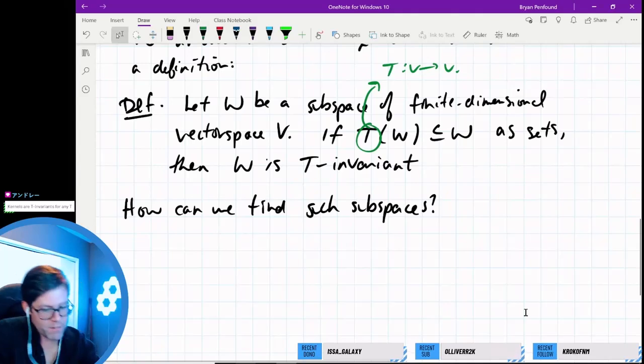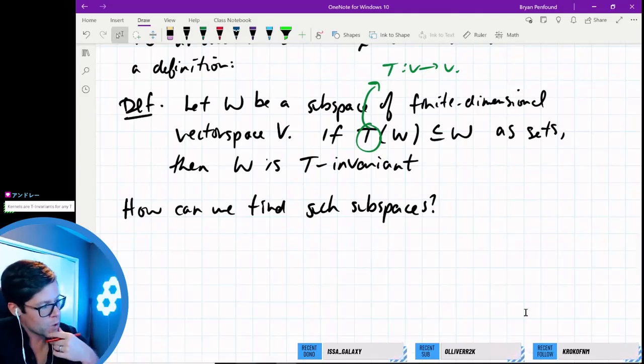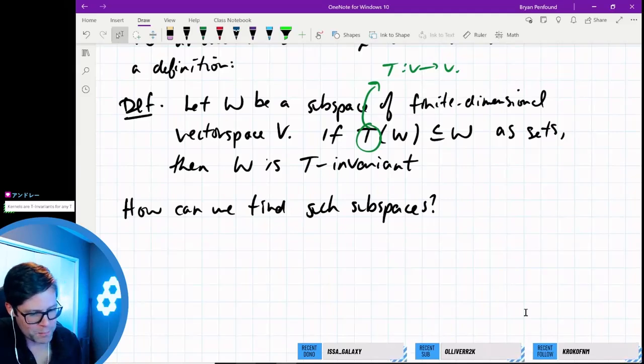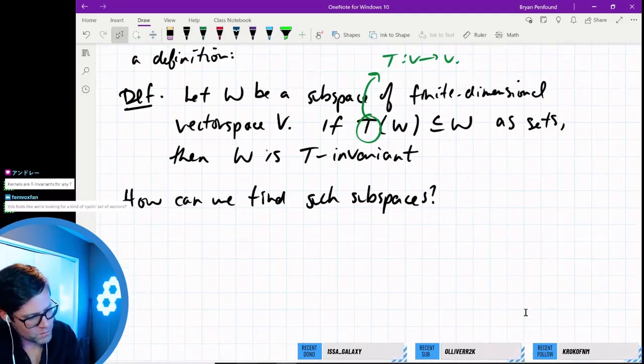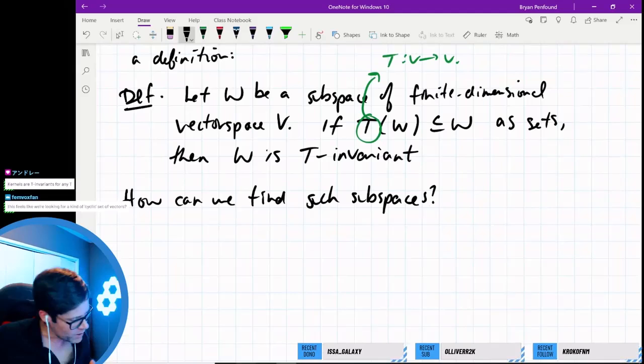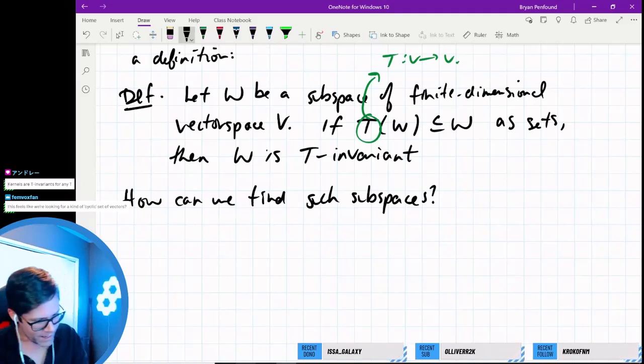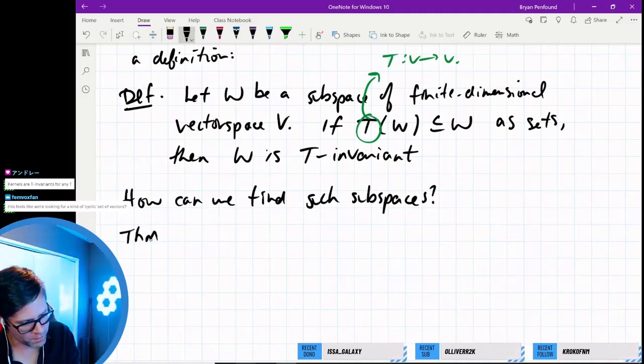Kernels are T-invariant, true? Yes, so kernels and the range too, right? The range of our linear transformation should also be T-invariant. And I will leave that for the reader to prove a little bit later. Actually, we can probably just write that down now. Yeah, so we can summarize that as a theorem.